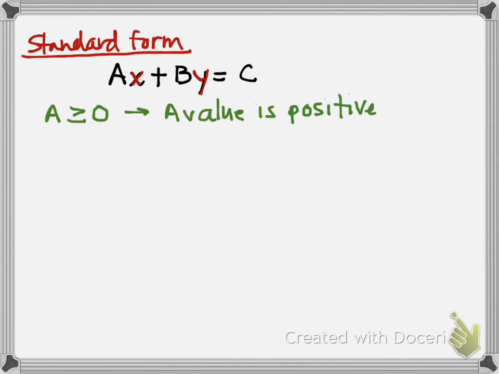What kind of lines gave you a slope that was 0? It was just a horizontal line. If there's no X term, that means slope is 0, because it's not there. So we would have a horizontal line. So it's okay to do that.